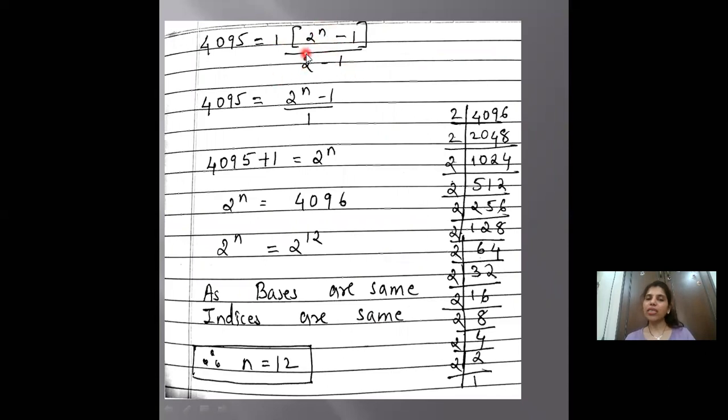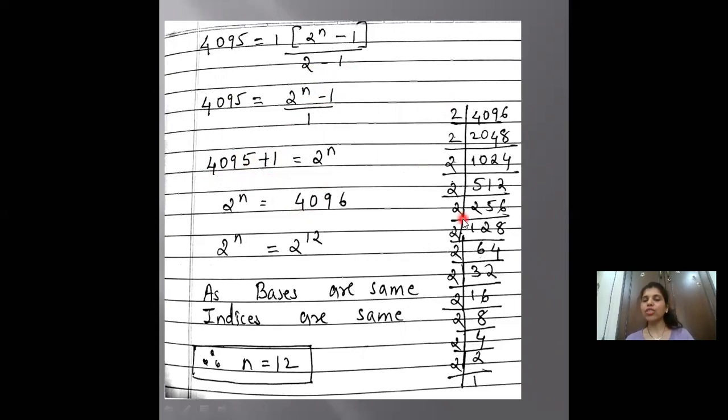So 2 raised to n, just keep it like that, minus 1 upon 1. 2 minus 1 gives you 1, and division by 1 is going to give you the same number, so you are just ignoring this. And then minus 1 you're bringing to the other side, so it becomes 4095 plus 1. So that gives you the value 4096.